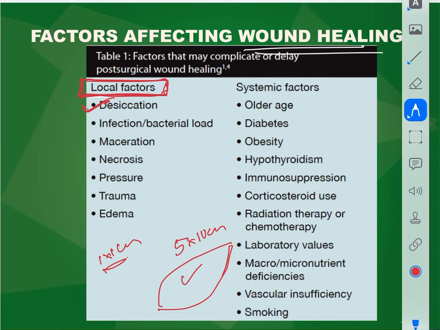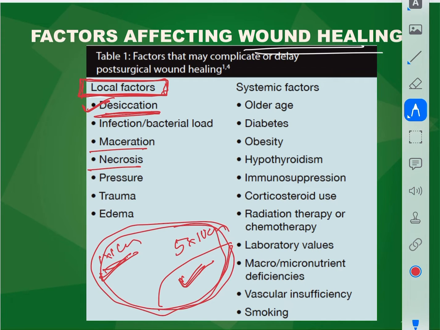Logically speaking, the bigger wound will take longer as compared to the smaller wound. It depends upon the amount of desiccation, maceration, necrosis, basically the size of the wound and the amount of tissue loss that has happened. All these are local factors which affect wound healing, correct?